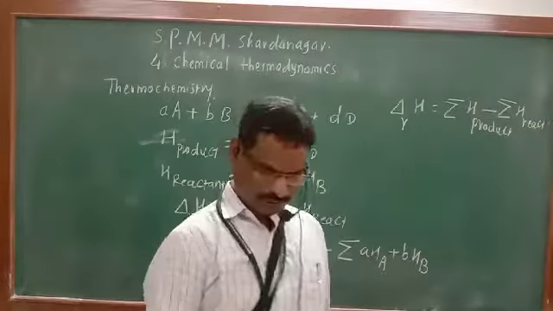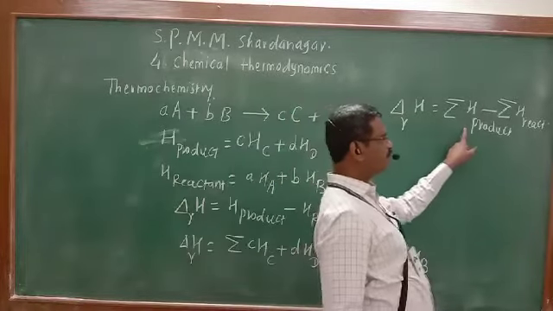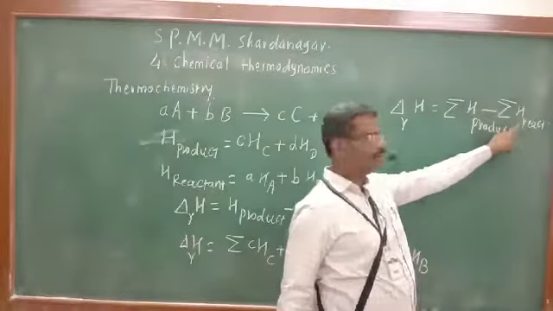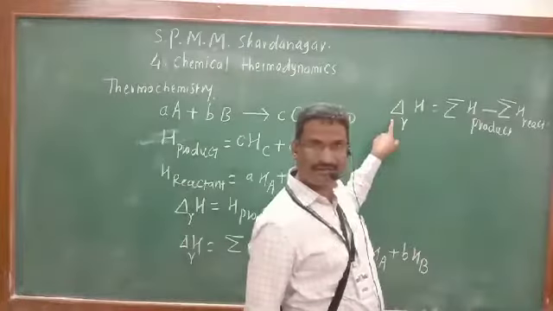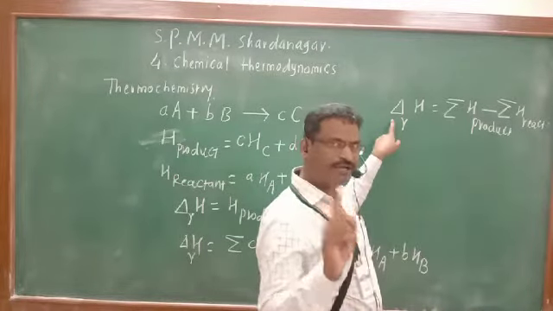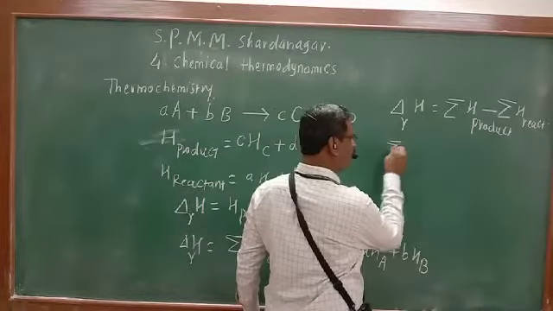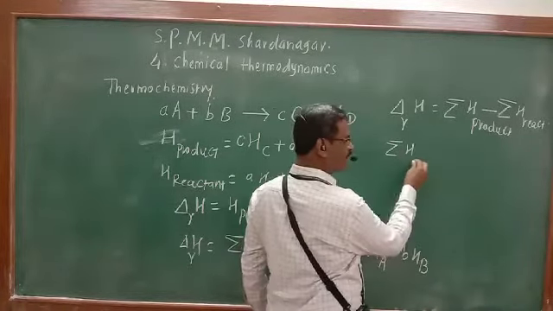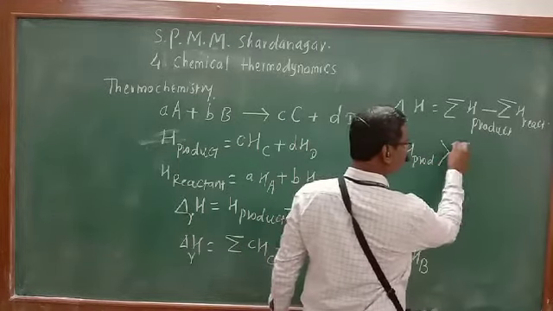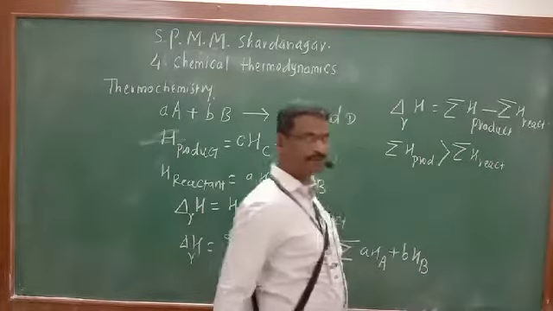Now, on the basis of the enthalpy of product and the enthalpy of reactant, we will have the enthalpy of reaction with either a positive or a negative sign. Let us see how it comes. Whenever the summation of enthalpy of product is greater than the summation of enthalpy of reactant, see what happened.